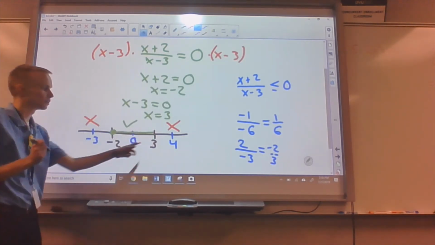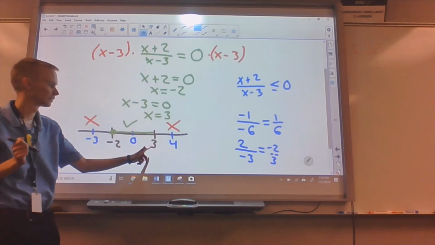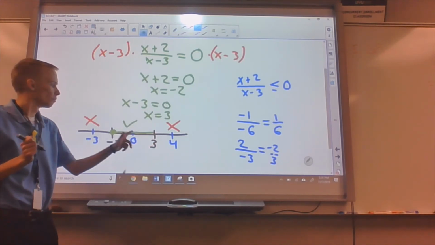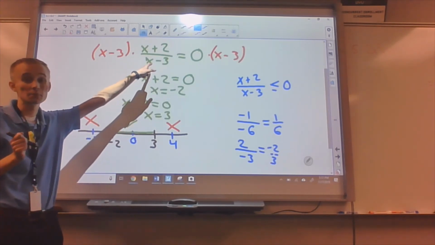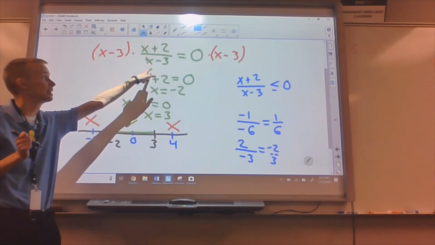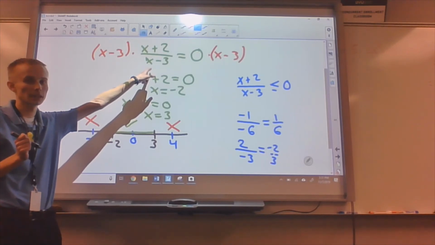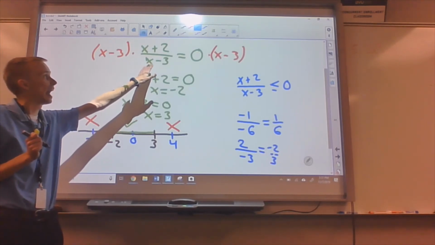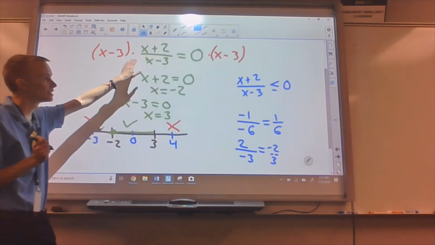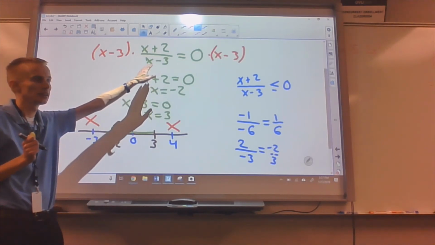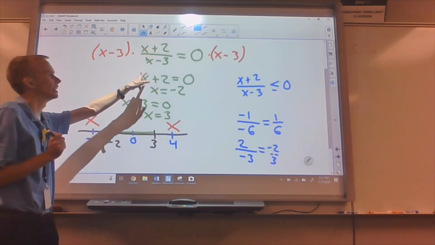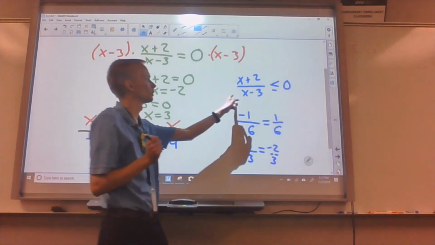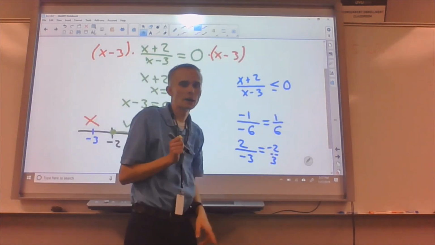But what about positive 3? Okay. Positive 3 came from setting the bottom of the fraction equal to 0. Okay. And that was because we can't divide by 0. Right? If I set x equal 3 in this equation, it doesn't make any sense, right? Because I'll be dividing by 0.